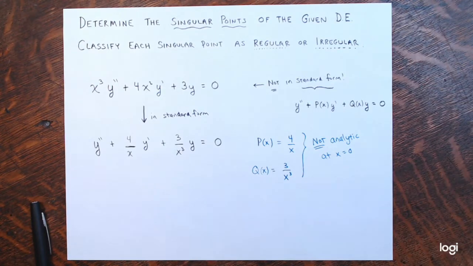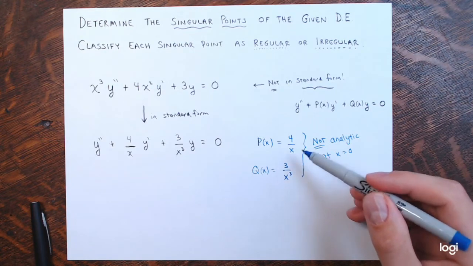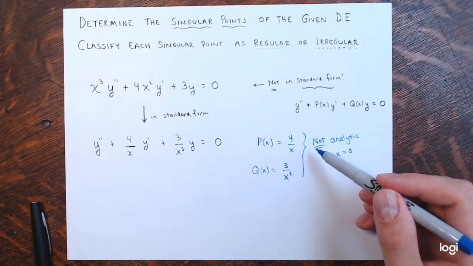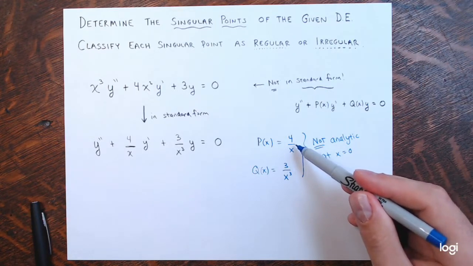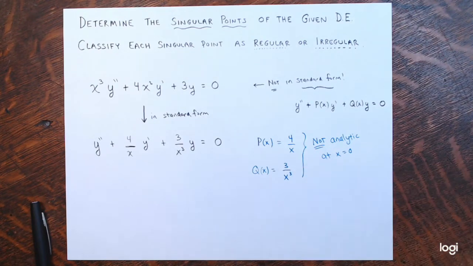But when you're dealing with rational functions, polynomials over polynomials, I'll tell you, that's going to be enough. This isn't defined at 0, so none of its derivatives will be defined at 0. So you wouldn't be able to express either of these functions as a power series centered at 0 with a positive radius of convergence.